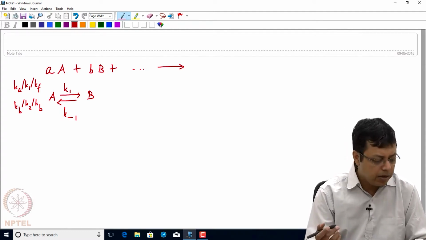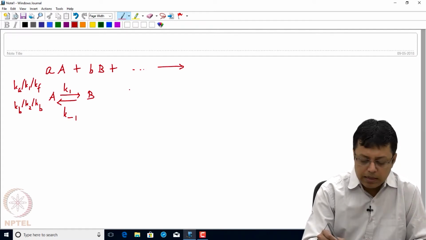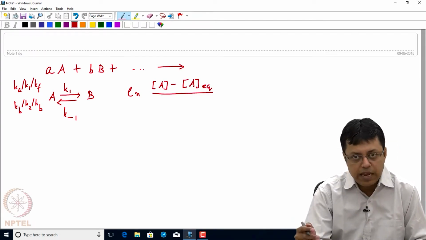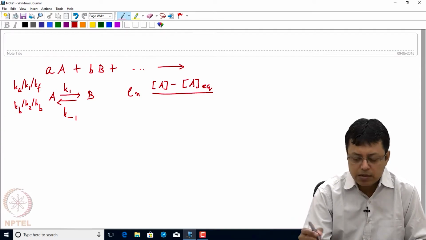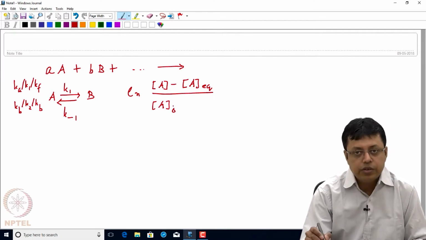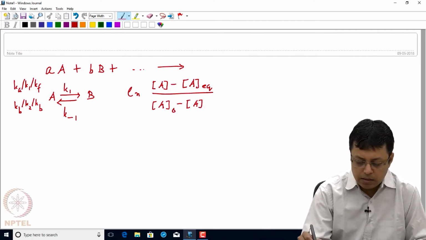Now we can solve again in a similar way, and then the integrated rate law looks something like this. I'll just describe the results, how the concentration of A or B changes with respect to time following this integrated rate law. Suppose we started with an initial concentration of A, which was A0, and then the rate law will look like this.